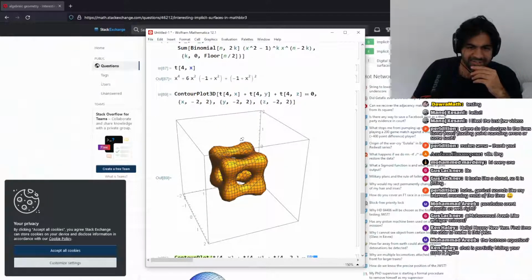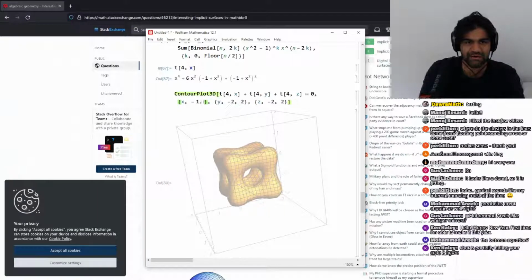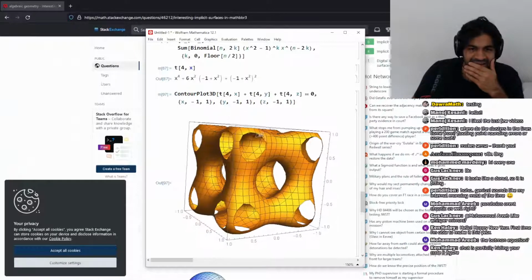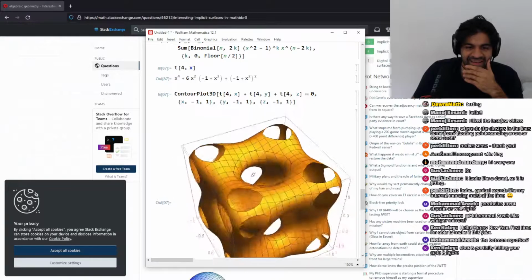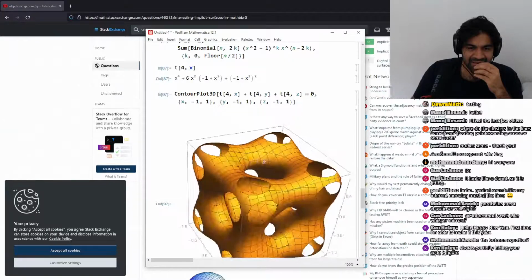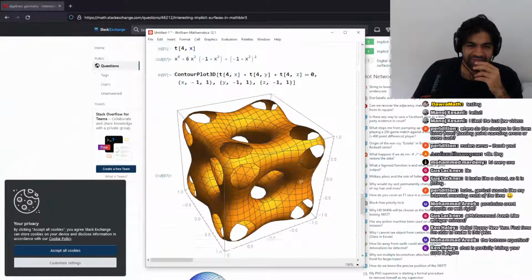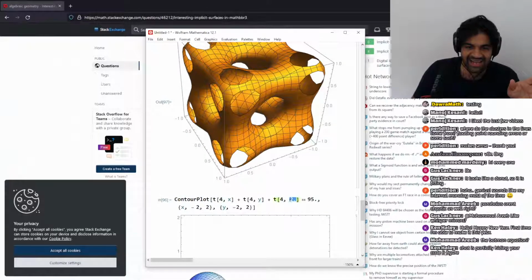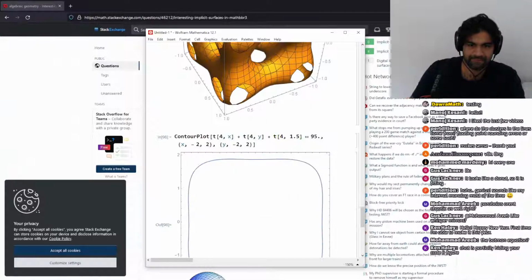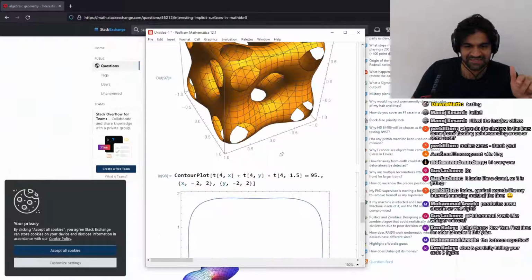Because there are points on this curve where... Actually, hold on. Let's go negative 1 to 1. Okay, so if I take a slice of this curve at, let's say, 1.5, I know something interesting has to happen. You don't get the internal one for some reason.